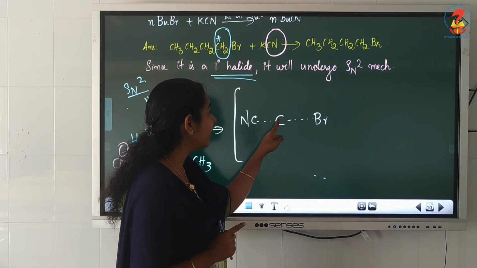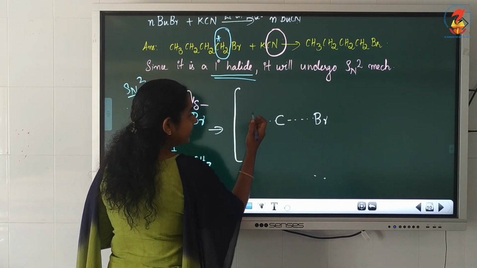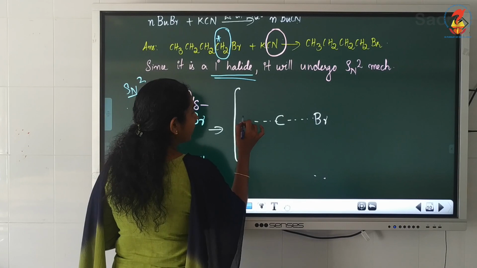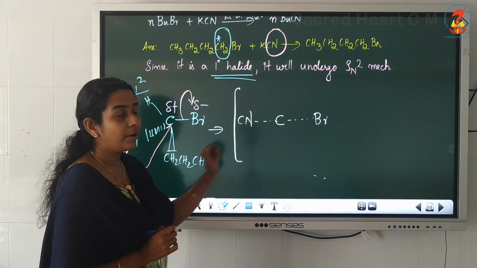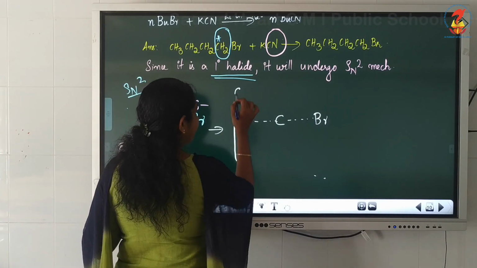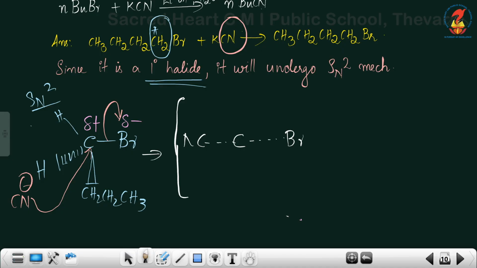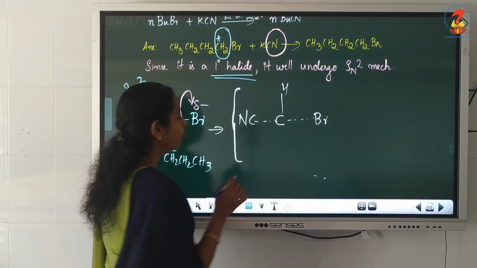Cyanides means it should be a carbon-carbon bond. If you write it the other way, it will become a carbon-nitrogen bond and form isocyanide. So be very careful, it is a C-CN bond. The other groups will remain in the same plane, but they rearrange themselves so that the CN can attack more easily.